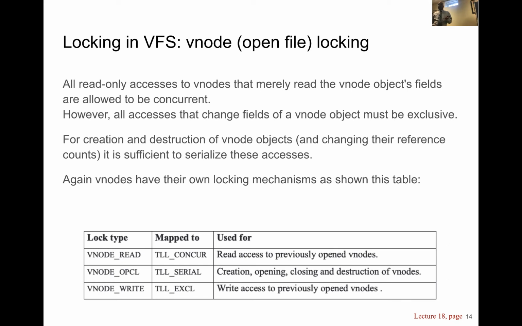When you want to do operations such as create, open, destroying vnodes or inodes, you are going to use the serial mode, and when you want to do write access, you are going to hold a write lock. Okay. So by and large, reads use the concurrent or read lock, writes use write locks, and when you want to serialize operations, make sure they go one at a time, you use the serialized lock, which looks like a write lock, but it serializes operations.